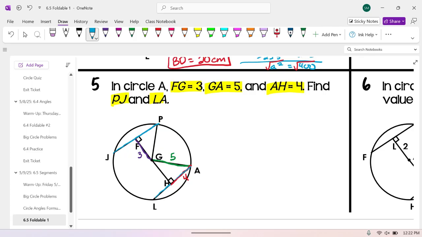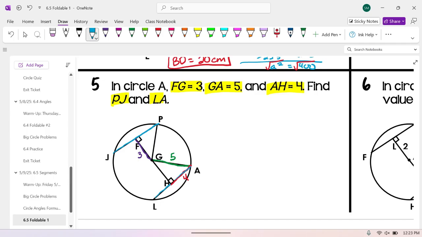So, first things first, LA is going to be really easy to find. Why? Well, it's not necessarily just doubling. Yes, we can assume that it is doubling, but we don't know for sure.